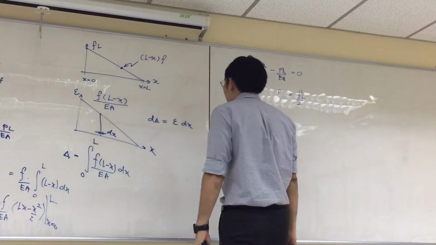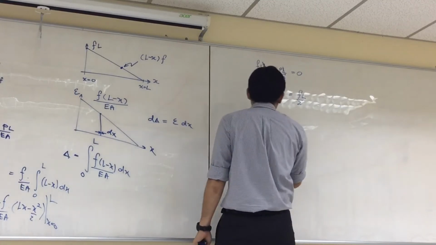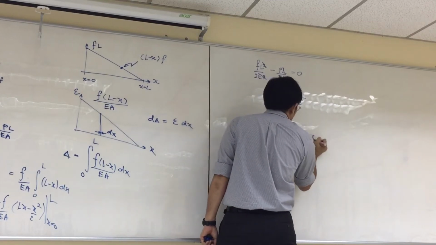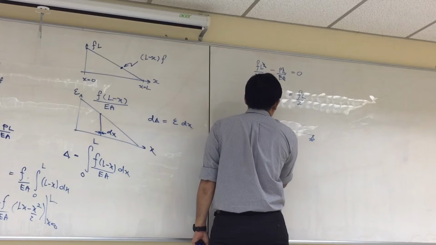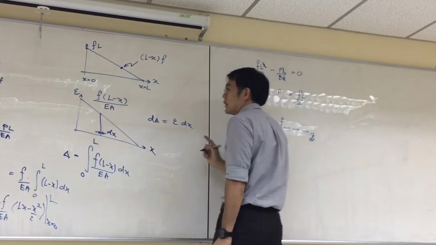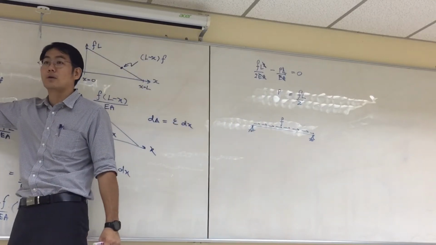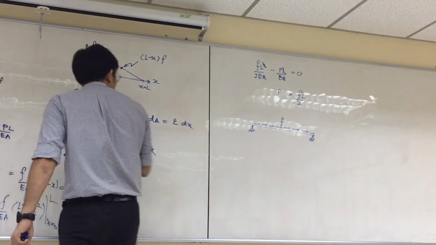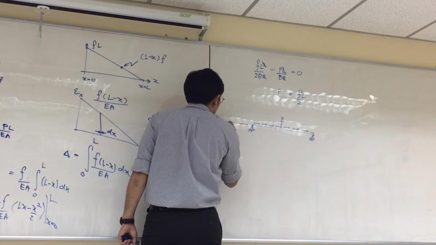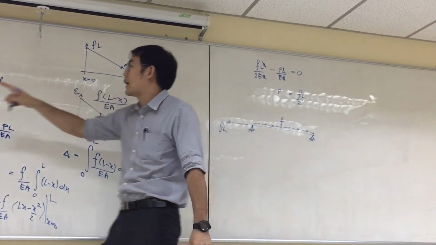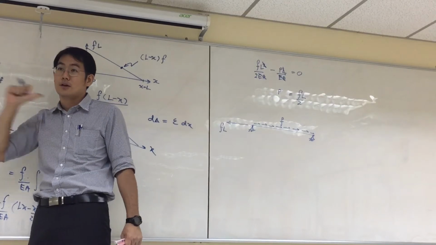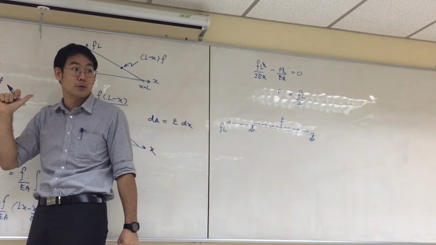Alright? Then, if you have P equals FL over 2, so here's the thing. Over here you have backward equals FL. Okay, you are going backward equals FL. For this one, your P forward equals FL over 2.